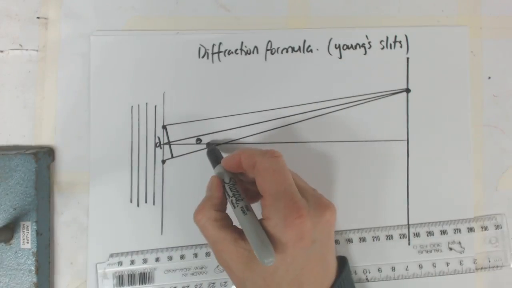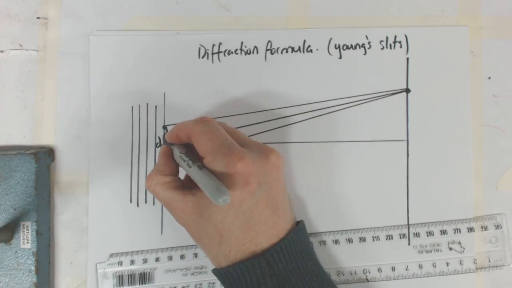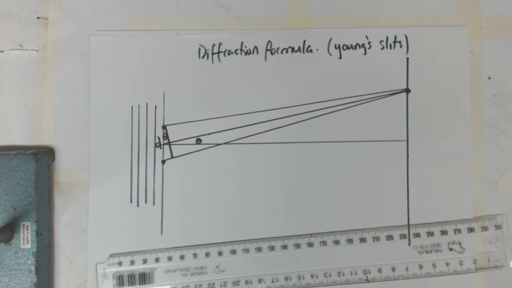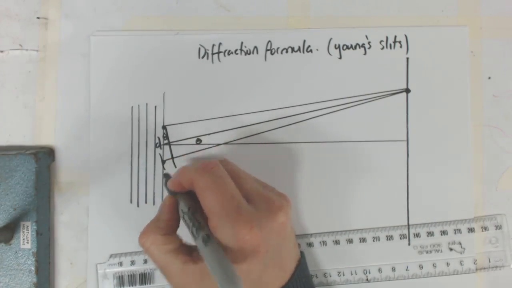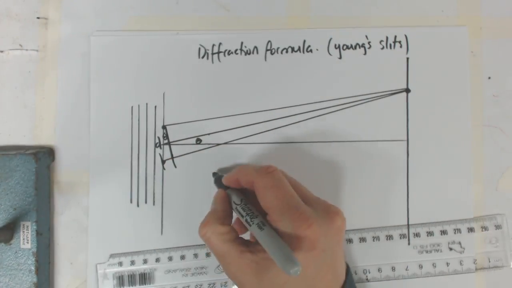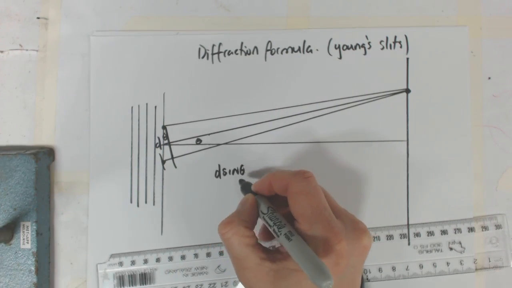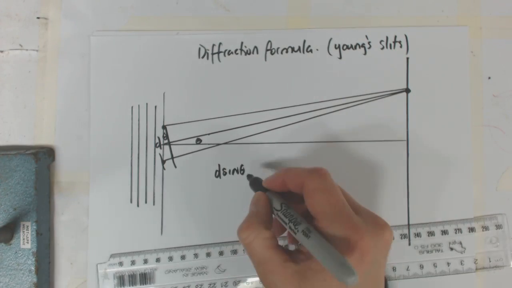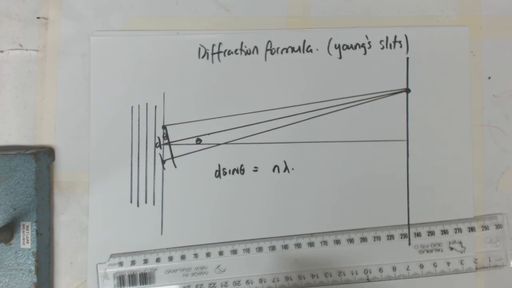But that angle between the horizontal line and that line, theta, is going to be the same as the theta here, the angle between the vertical that I put in, and the path difference is this bit here. So what we're basically saying is that D times the sine of theta equals the path difference, which in our case is n wavelengths. Looks like the diffraction formula for many slits when you get there.